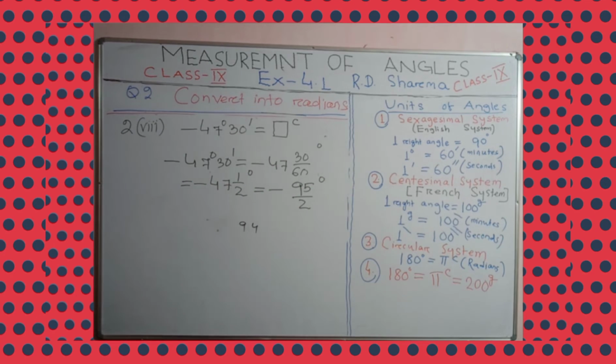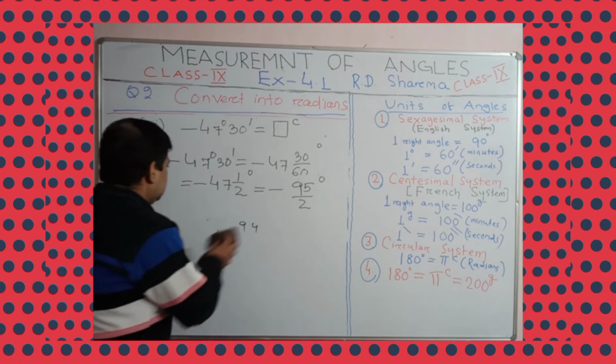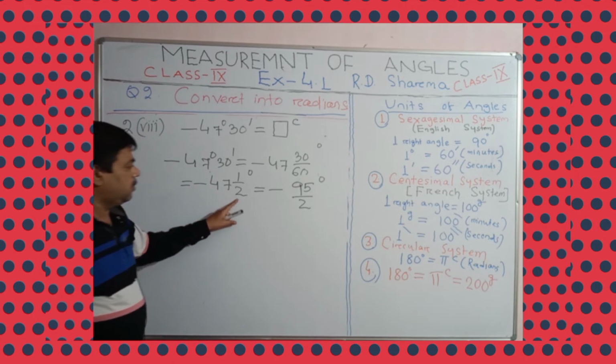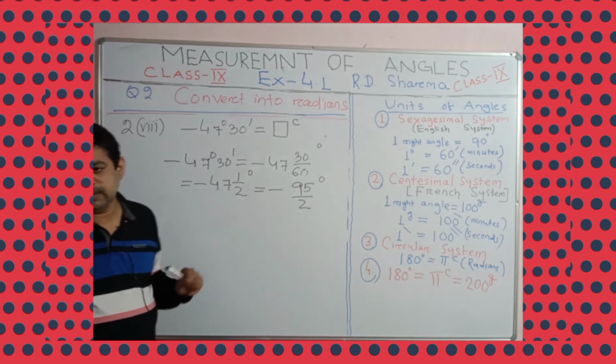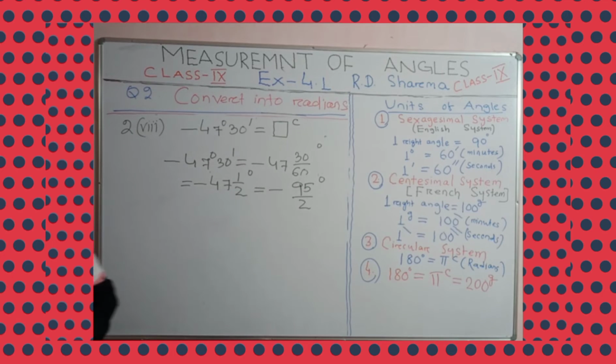Okay, understand? Is it correct? Check your multiplication. 47 multiplied by 2 is 94, plus 1, 95 by 2 degree.